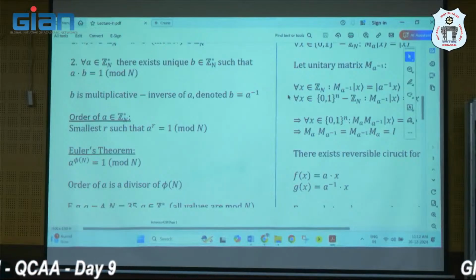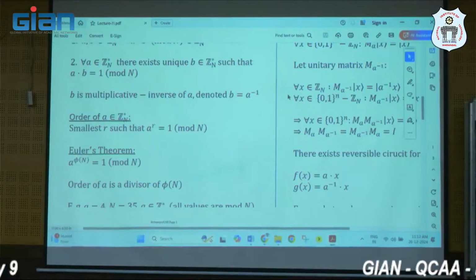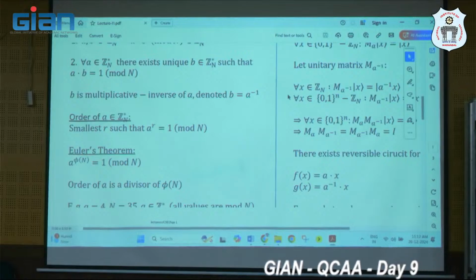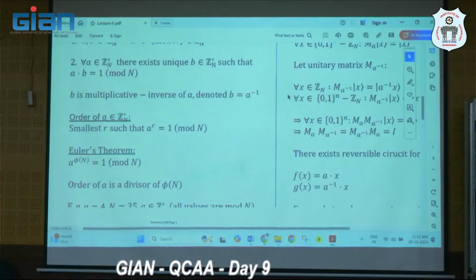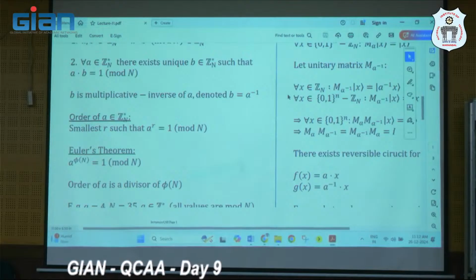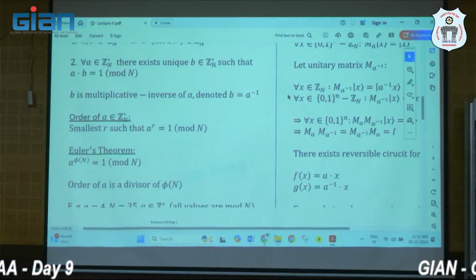Now that order R will divide phi of n. It will be a factor of phi of n. Order of A is a divisor of phi of n. Agreed? Okay. So here there are some facts, we are just taking them for granted for now.